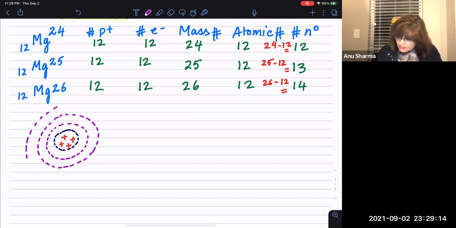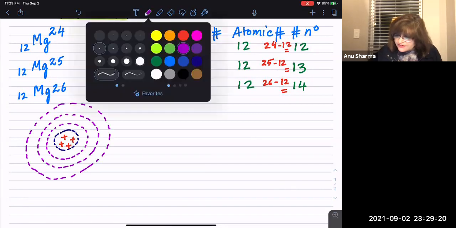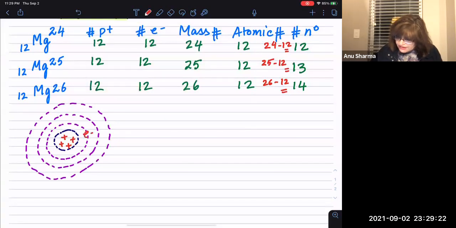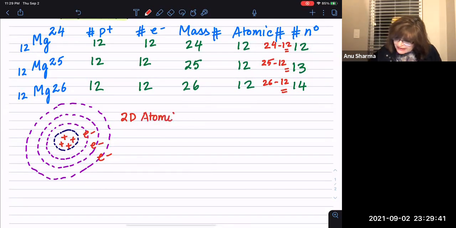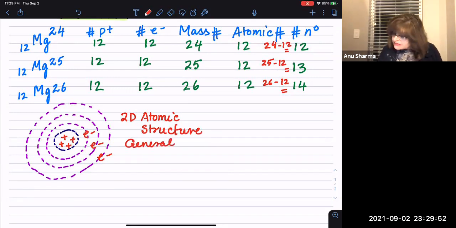It depends how many electrons there are. This is a 2D model of an atom, a very general atomic structure, and the more complex one we will study in a minute.